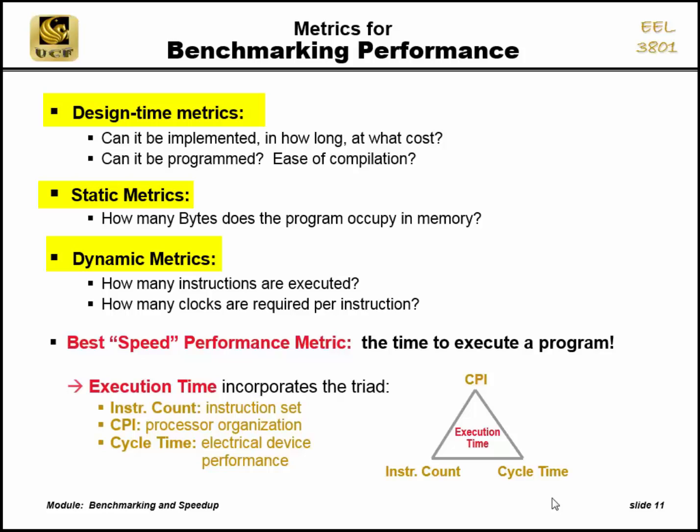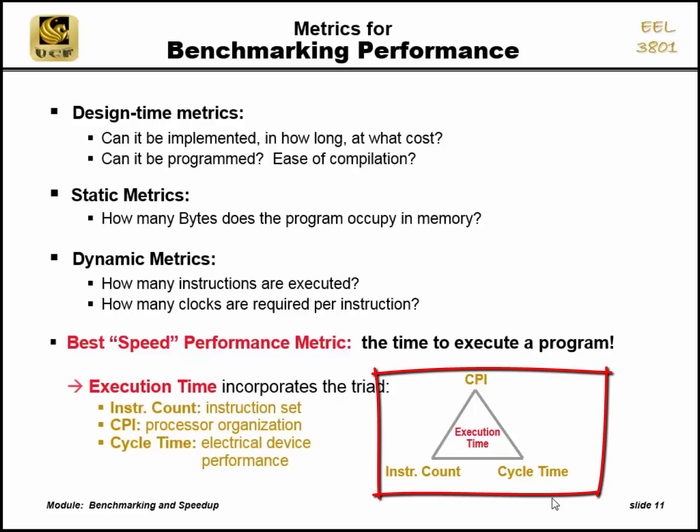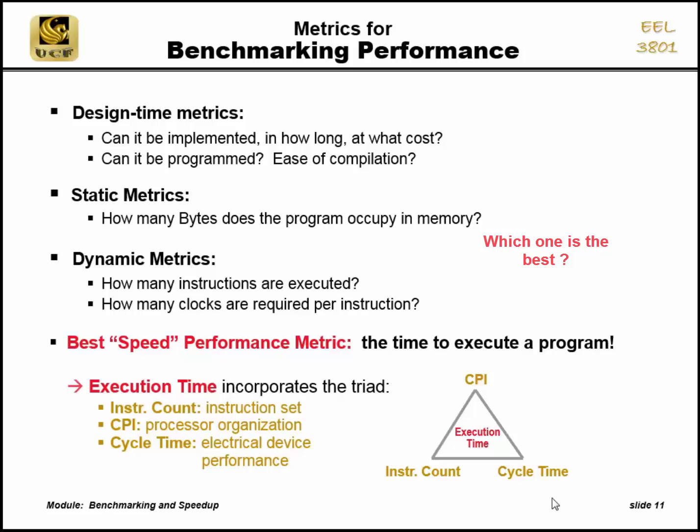So now we have different benchmarking metrics, and you're going to say, well, how does this relate to CPI and multi-cores and execution time? There's this so-called triad of performance showing CPI, instruction count, and cycle time, all influencing execution time, and they're all pointing at us in different dimensions. But someone may ask you, what's the best metric for a program, if you only have space for one?